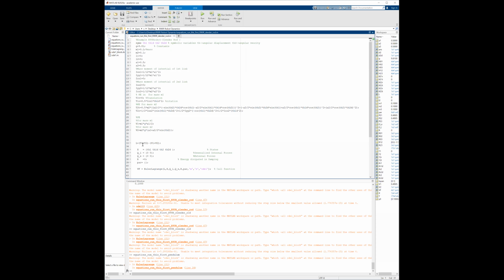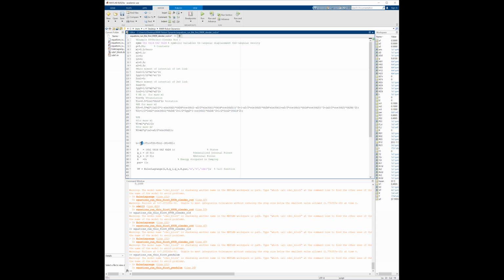Now we have to find the Lagrangian. Lagrangian is T1T plus T1R plus T2T plus T2R. So I added all the kinetic energies.